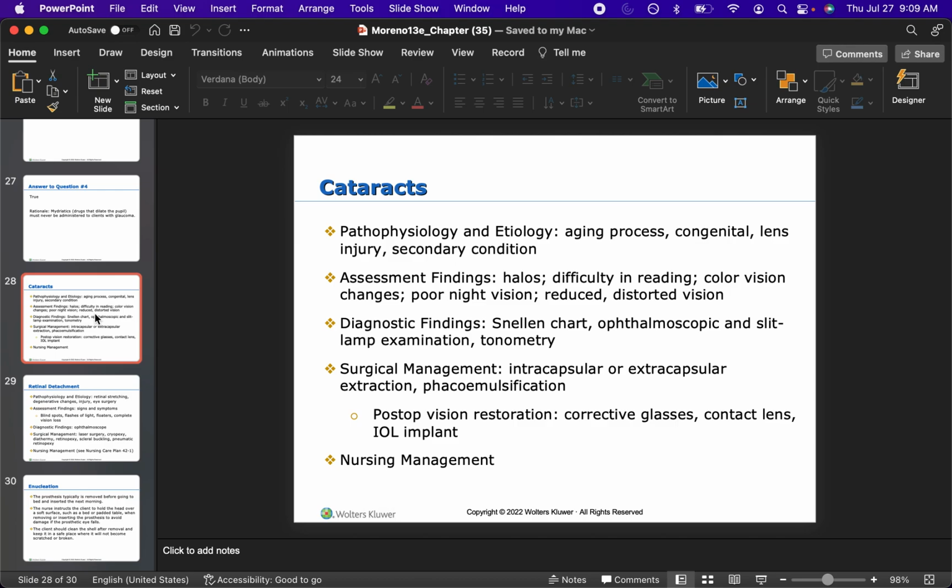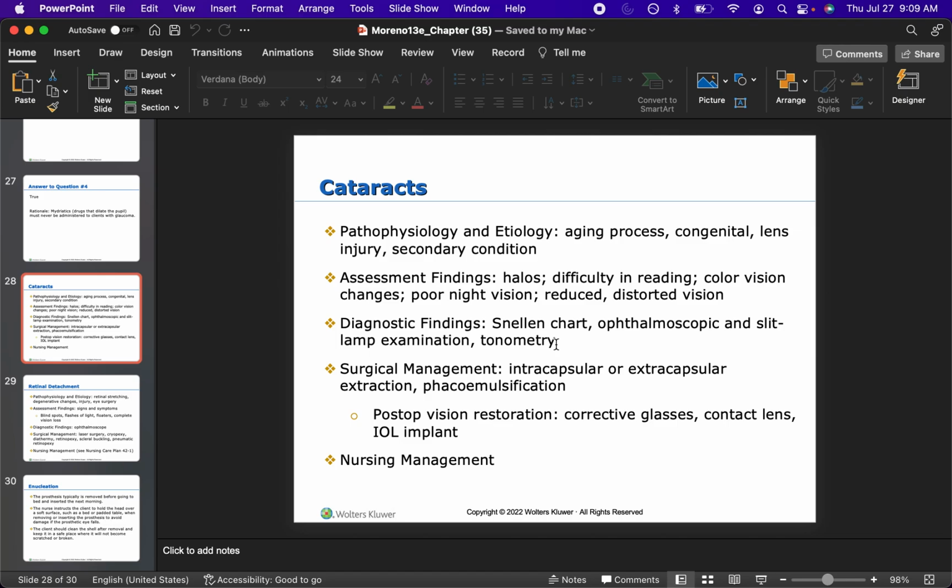We have our cataracts. As you know, in older people, and if you see older pets, it looks cloudy in their eyes. So this is a normal aging process. You can also be born with it, it could be a lens injury, or it can happen secondary to something else. You have halos, difficulty reading, color vision changes, poor night vision, reduced or distorted vision.